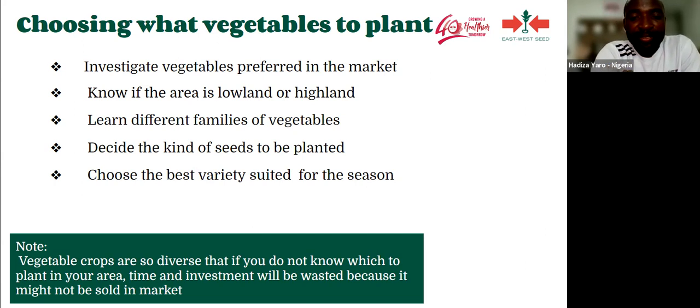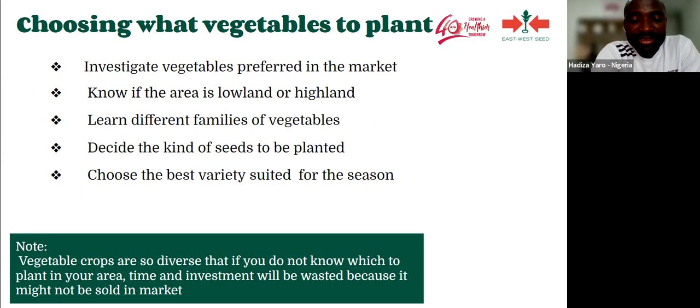The next slide is deciding the kind of seed to be planted. In this case, it is whether the seed is hybrid or OP. As we all know, planting in the hot dry season is challenging. It's faced with a lot of challenges, insect pests.